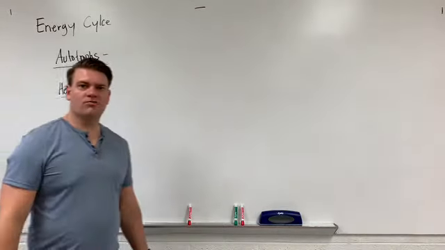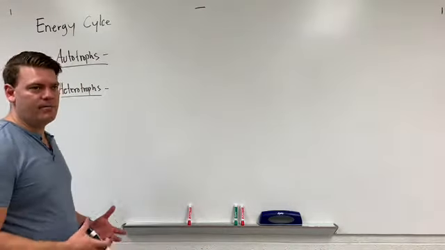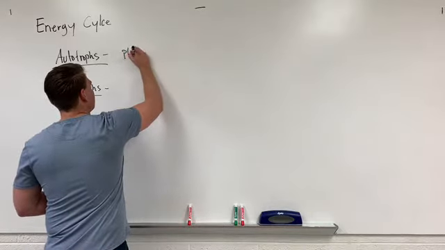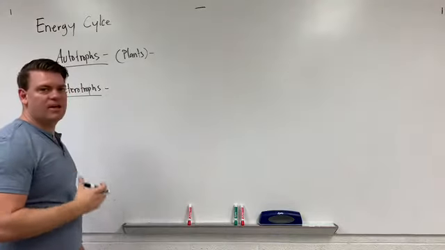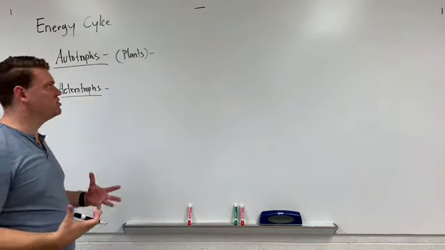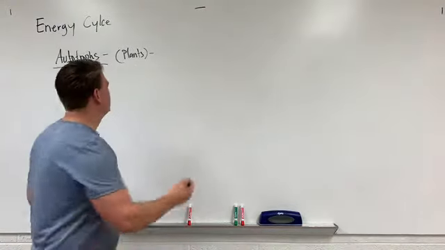Autotrophs are those organisms that make their own energy, and that's mainly going to be our plants. Because they make energy from the sun, they don't have to go out and consume. They're auto, which means they're doing it on their own.